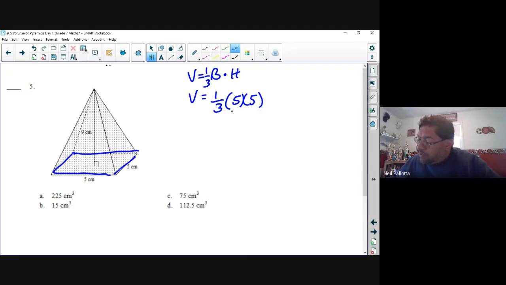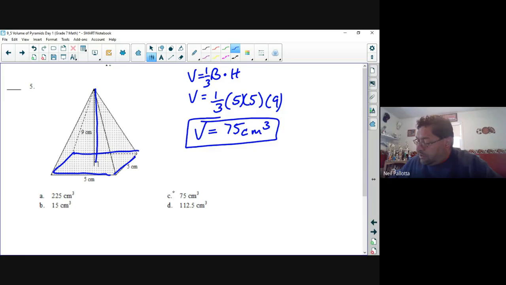So we find the base area, which is 5 times 5, and we take 1/3 of that. Then we have to multiply by the height of the pyramid. Height of the pyramid is going to be 9. So our volume is going to be 25 times 9, and then we divide that by 3, and we wind up with 75 cubic centimeters, which is answer C for problem number 5.